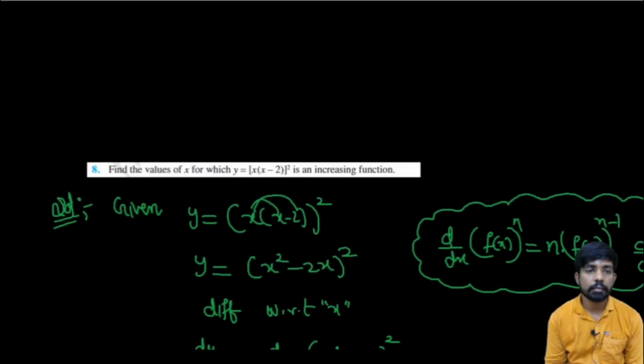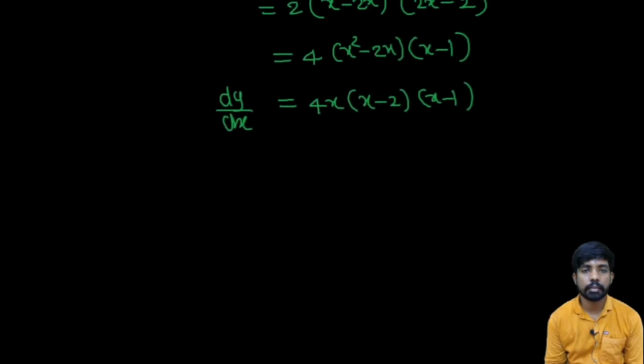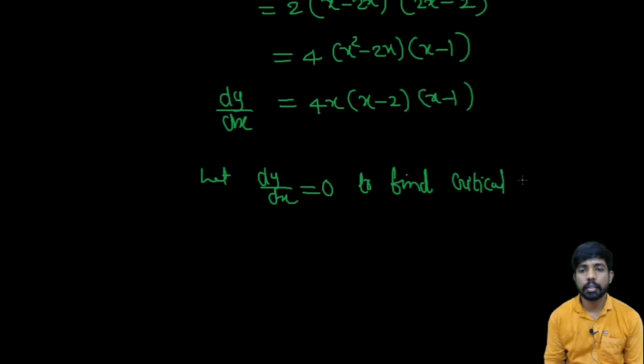So what is asked? Find the value of x for which it is an increasing function. So here, same, finding the interval for increasing function. Let dy by dx is equal to 0 to find critical points.